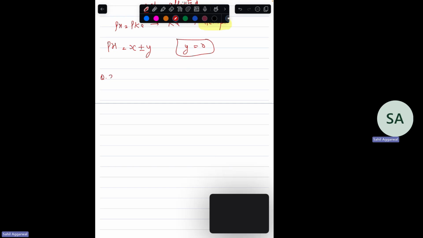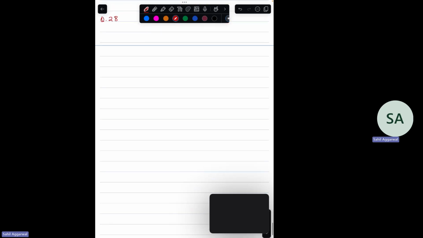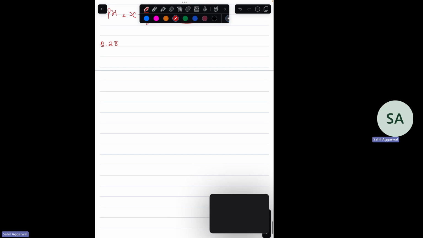In question 28, in an iodometric titration, the following reaction occurs. ठीक है.